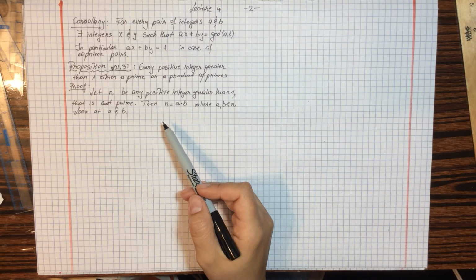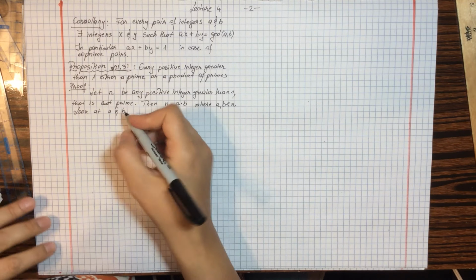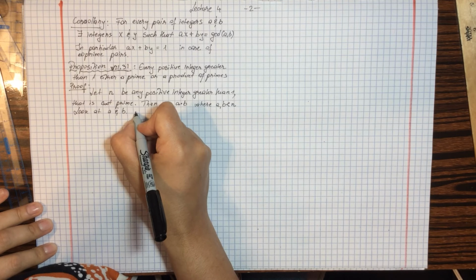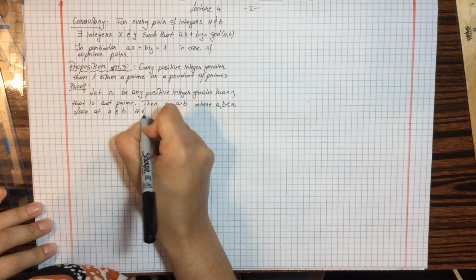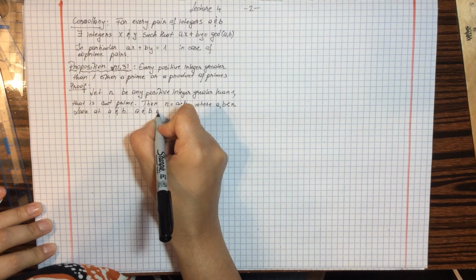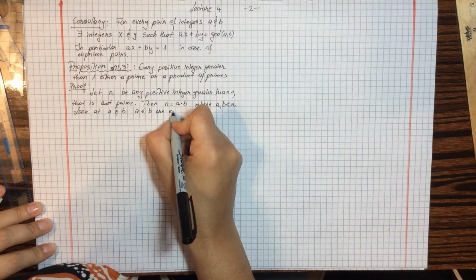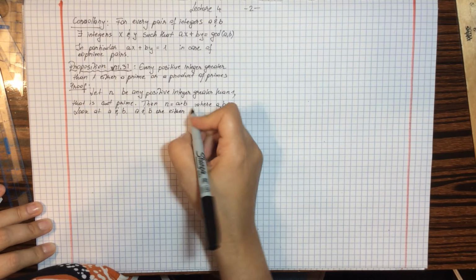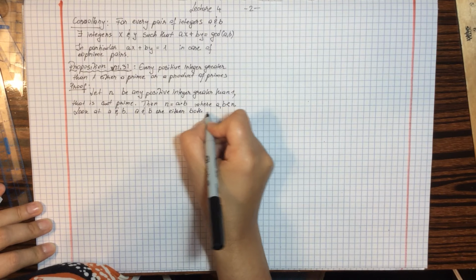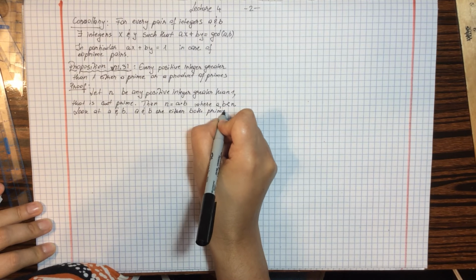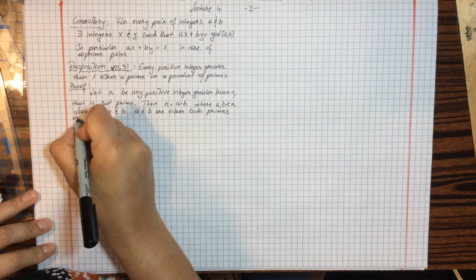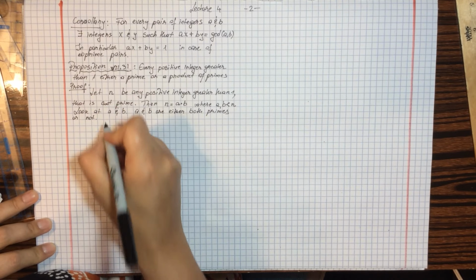Let me write this. A and b are either both primes or not.